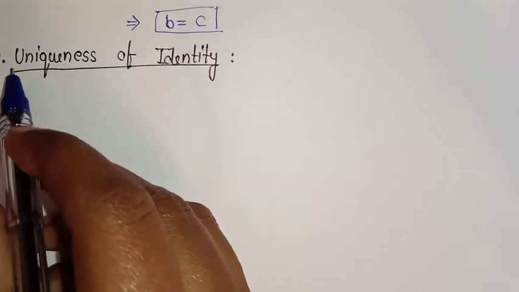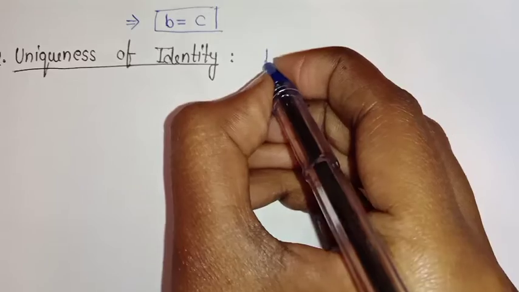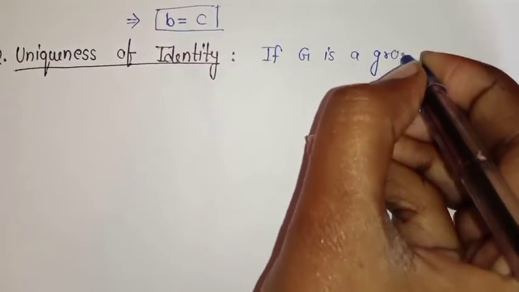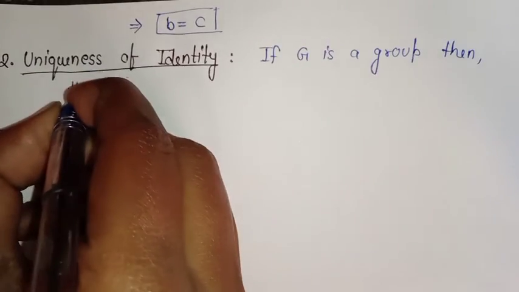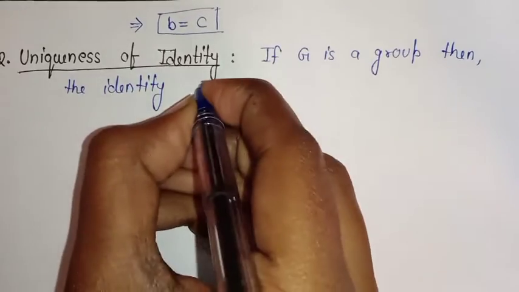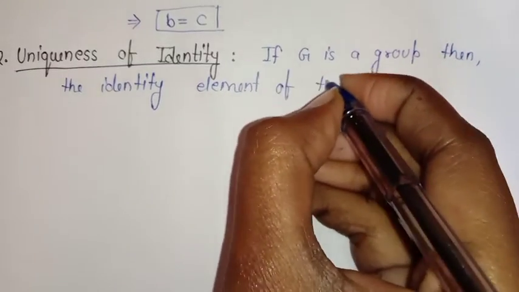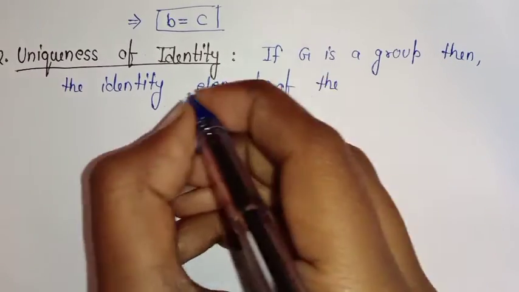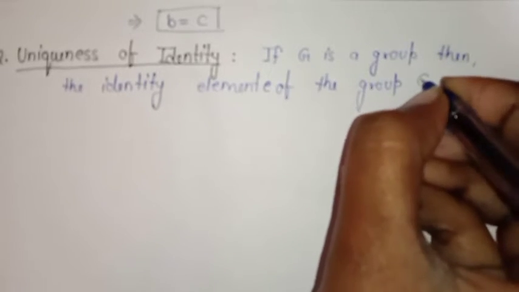So our second property is uniqueness of identity, and it states that if G is a group, then the identity element of the group, I should write it e, that is, e is the identity element of the group G, is unique.